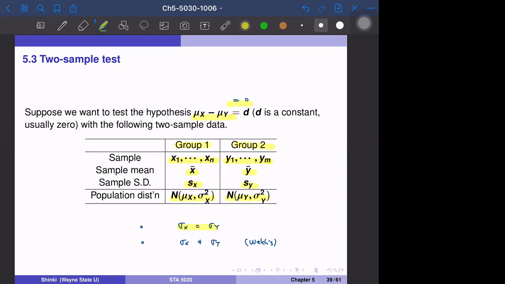Usually sigma x and sigma y are unknown, because we want to test the difference between mu x and mu y. When we don't know mu x and mu y, how do we get sigma x and sigma y? There are several situations. The typical situation is that our primary interest is mu x and mu y, so sigma x and sigma y are substituted by some different data.